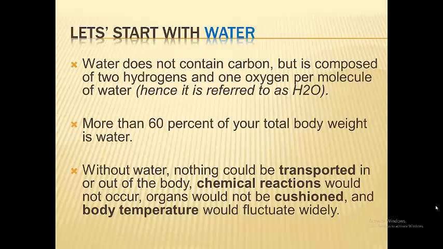So we want enough water because it's the medium for everything that's going on inside our body. In other words, it's facilitating everything that's happening. Everything chemically takes place in water or requires water to happen. So we can't transport things through our body in our watery blood if there's not enough water to make our blood watery. Chemical reactions in our cells can't take place if there isn't water there to be the medium for those chemical reactions.